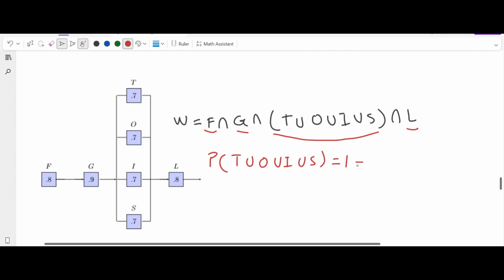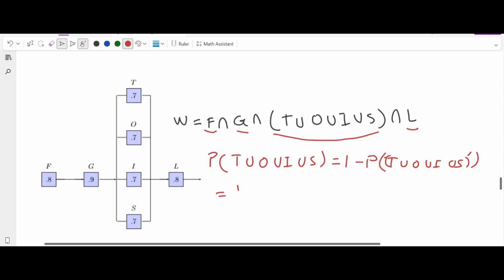And that is 1 minus P of the complement of T union O union I union S. So 1 minus the probability of the complement is the probability of itself.